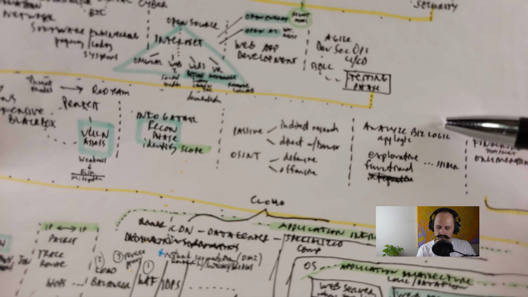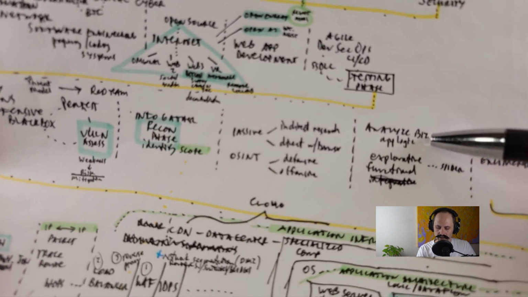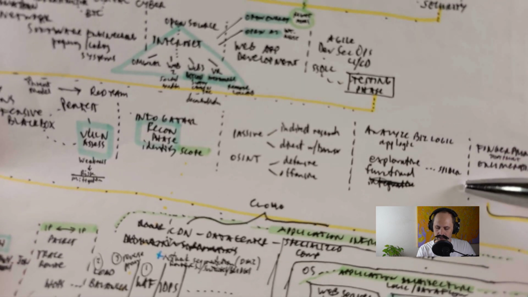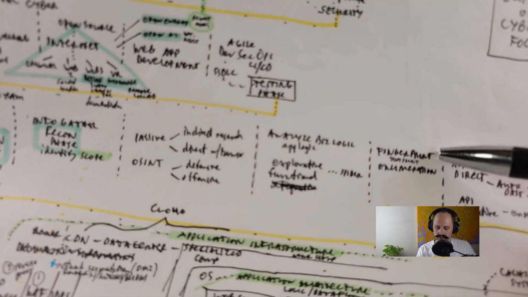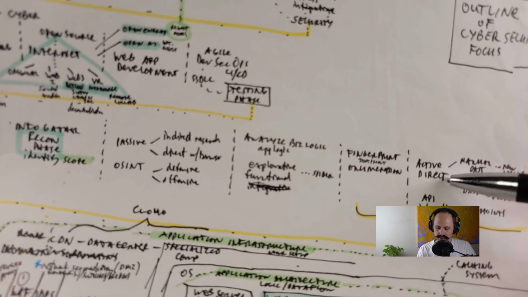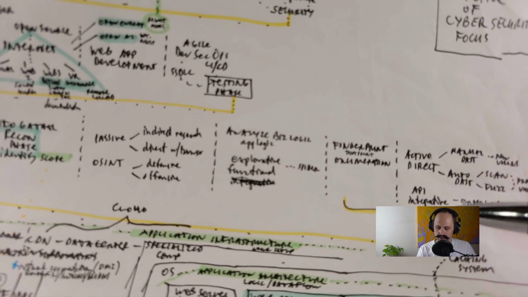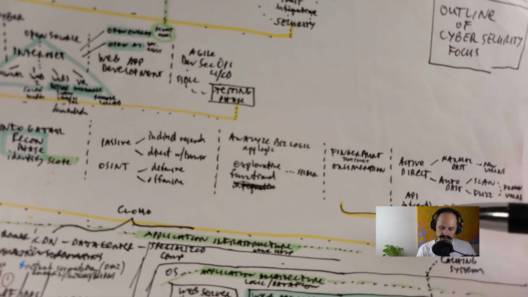Then we can analyze business logic in a deeper way through the explorative and functional testing, where we do some fingerprinting and enumeration, and then we have the active, direct, and manual DAST.